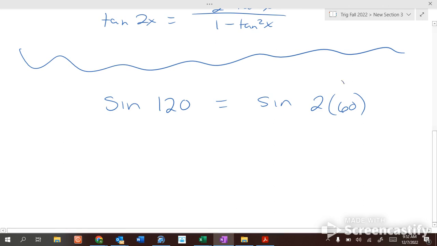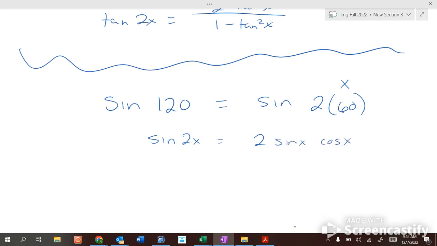So, 60 is x. So, what's the sine of 2x? Well, the sine of 2x is 2 times the sine of x times the cosine of x. So, in this case, since x is 60, it would be 2 times the sine of 60 times the cosine of 60.